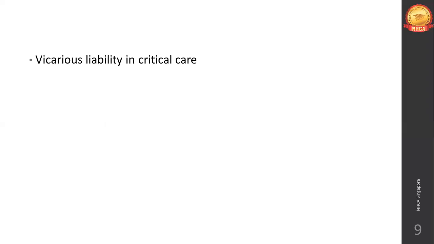Are they capable enough? Are they responsible enough for the duty being dedicated to them? When you delegate a responsibility to juniors or residents, you should make sure that they are capable of handling such cases. If you delegate your duty to incapable juniors or residents, it could lead to medico-legal issues.